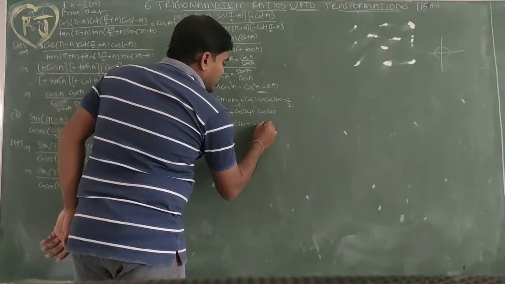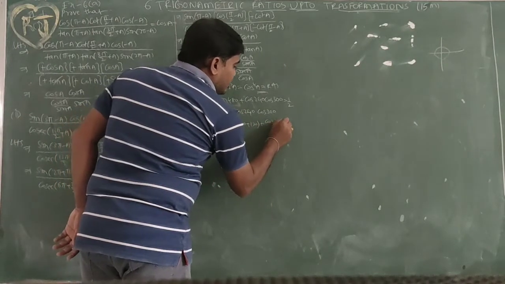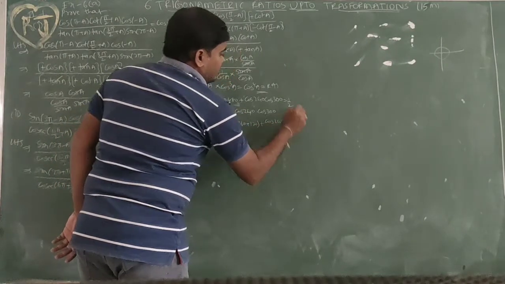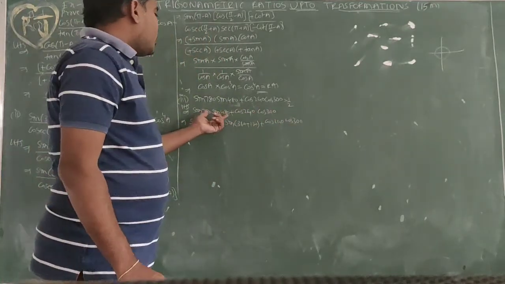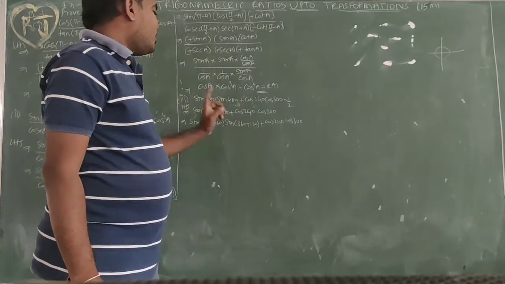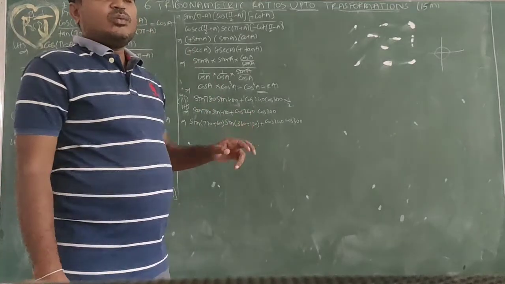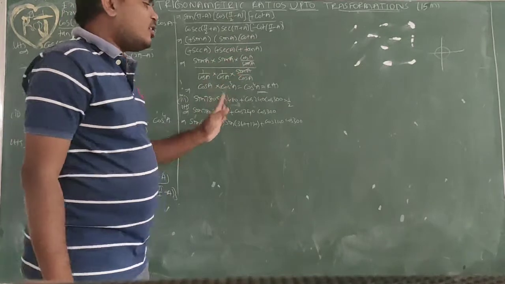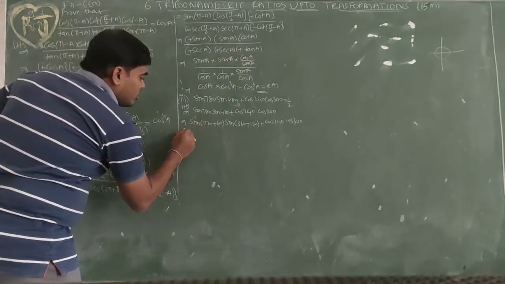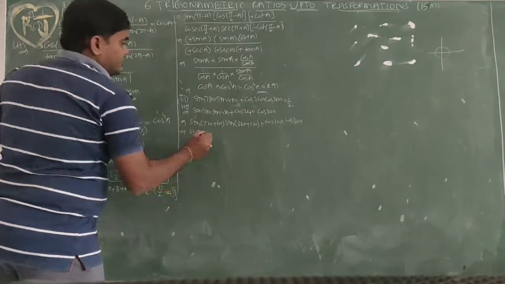Next, cos 240 and cos 300, I am not changing these two. The others are more than 360, that's why I want to write them like this. So 360 equals 0, one revolution is 0. Two revolutions, 720, is also equal to 0.